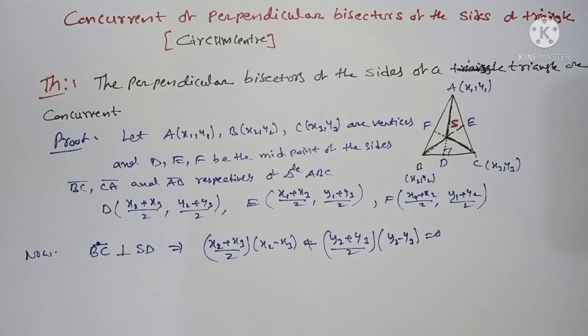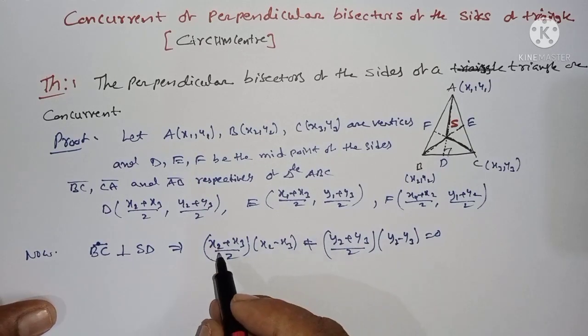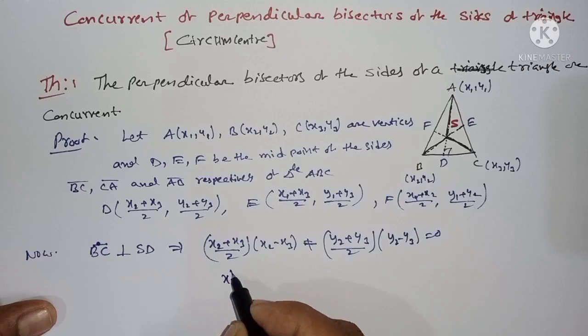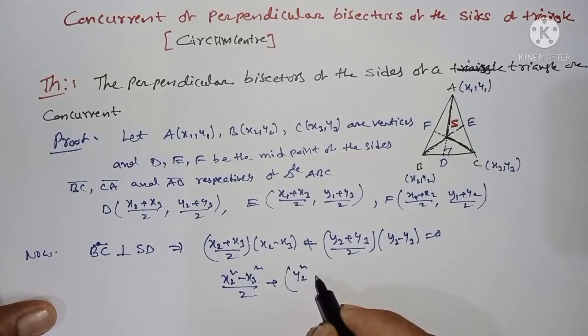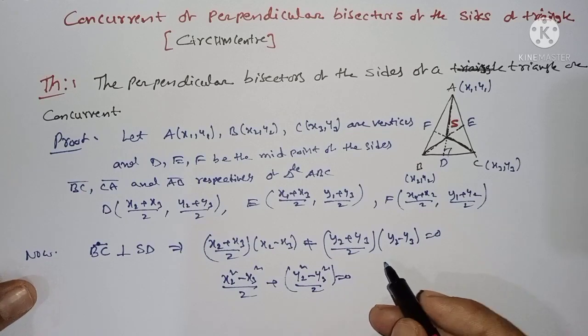If it is perpendicular, you have the formula (x1 - x3)(x2 - x3) + (y1 - y2)(y2 - y3), so apply the same formula. Using (a + b)(a - b), you get (x2² - x3²)/2 + (y2² - y3²)/2 = 0.